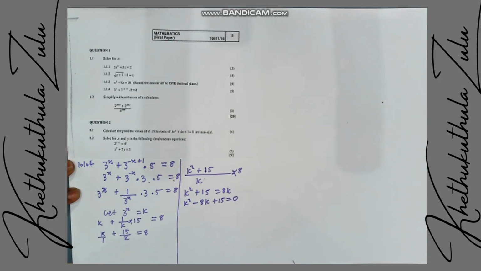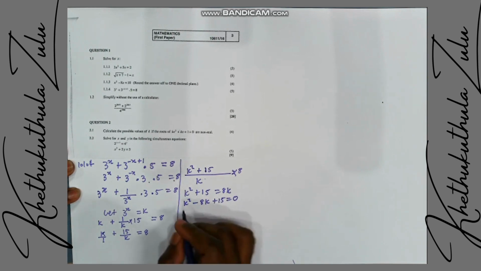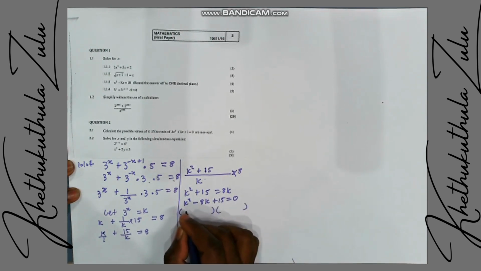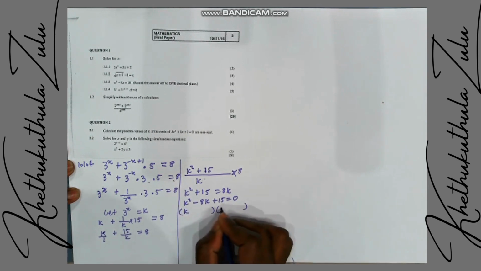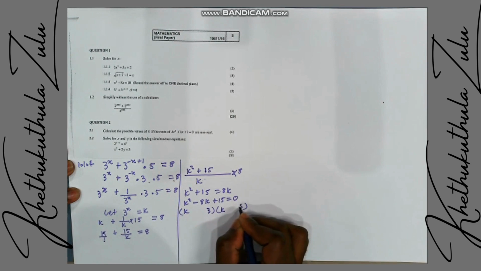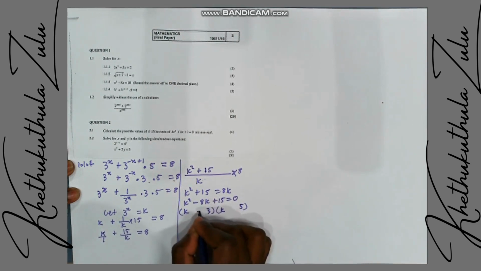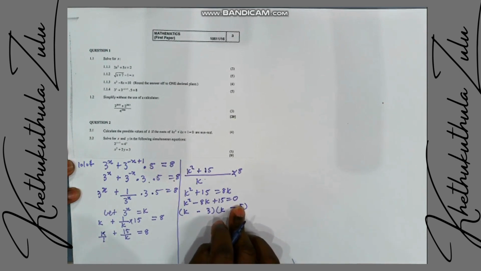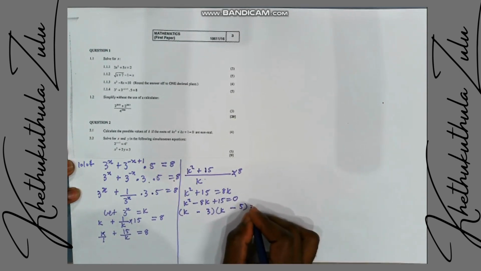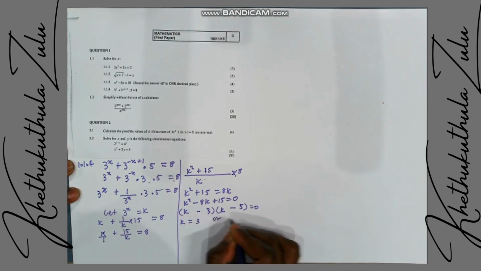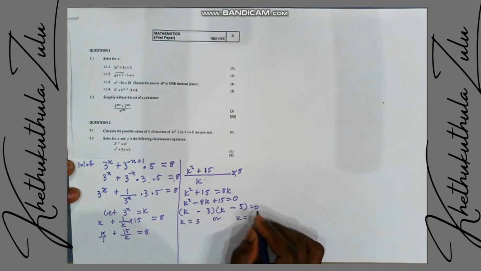Then from here we can factorize. We can have k, factors of 15 are 3 and 5, positive, so we can make this negative and negative, because negative times negative is positive, is equal to 0, and k is equal to 3, or k is equal to 5.